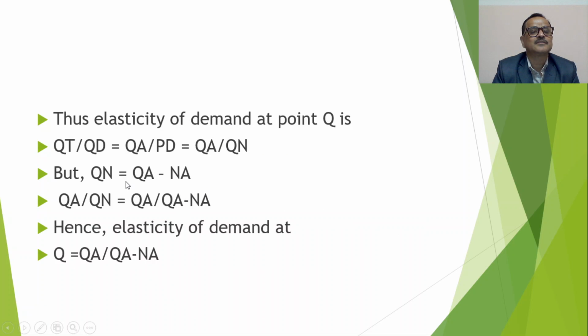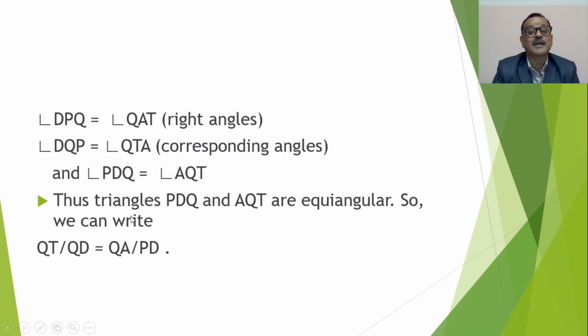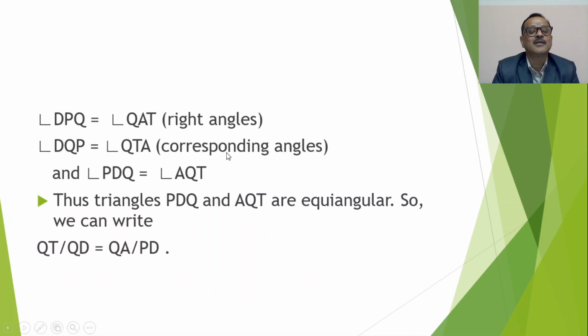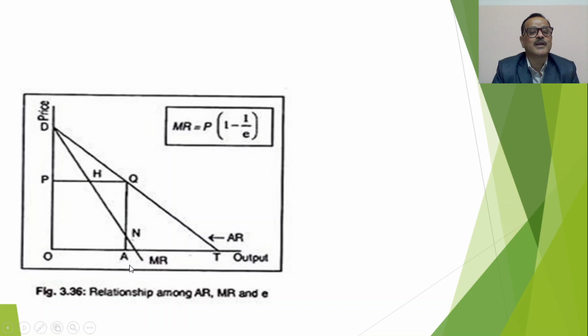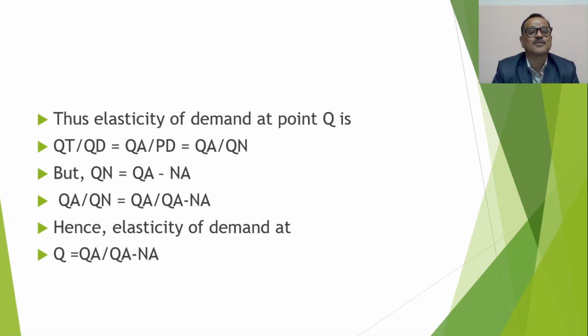Thus, elasticity of demand at point Q is QT by QD, which is equal to QA by PD, which is equal to QA by QN. These are the three ratios having equal values.